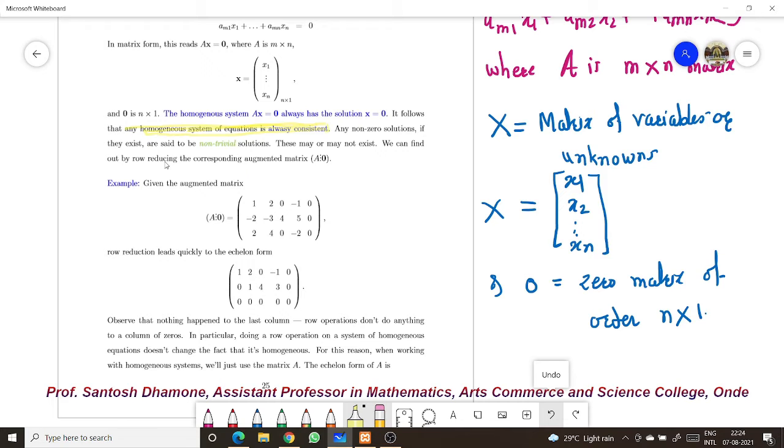The matrix A0 is equal to the matrix 1 2 0 minus 1 slash 0, minus 2 minus 3 4 5 0, 2 4 0 minus 2 and 0.